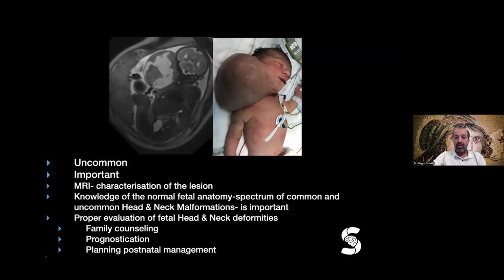MRI is a valuable tool for lesion characterization, and for assessing the relationship of these masses to the airway and the head and neck vessels, a very complicated anatomical region. And counseling the clinician in these cases is very important as well.